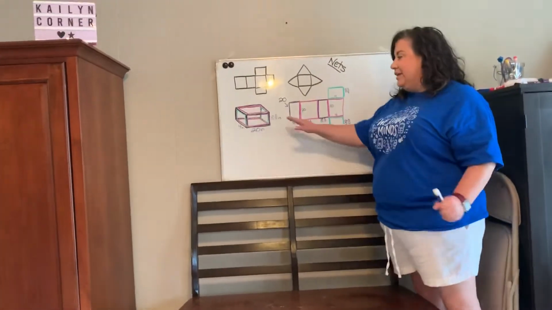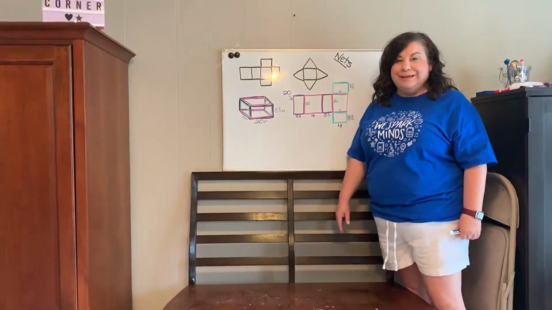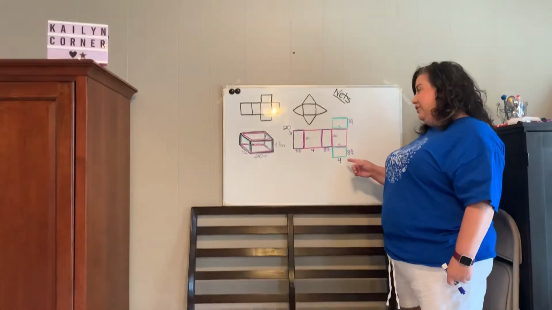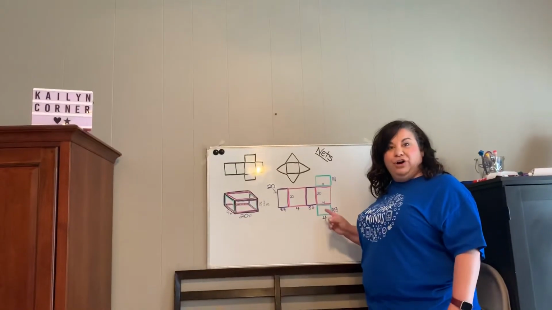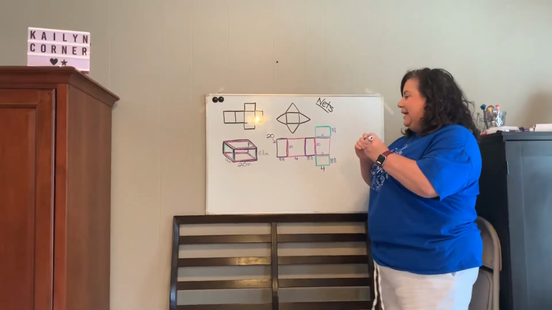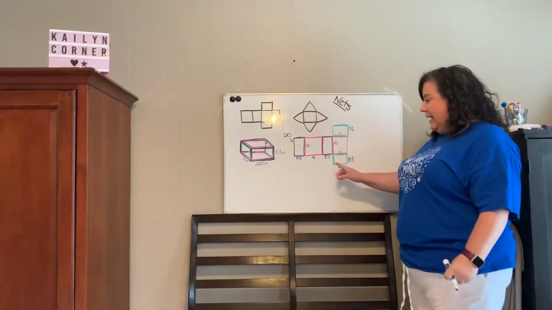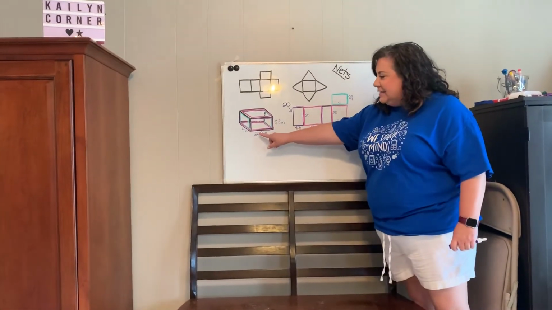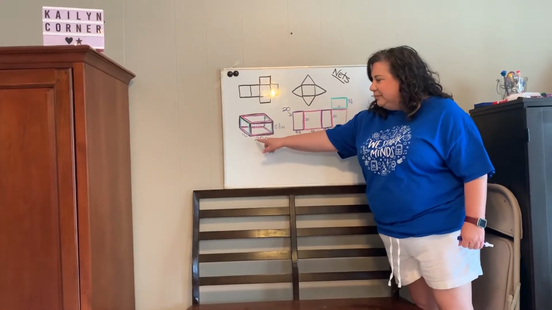So now they give you all three measurements. But the trick is that you've gotta figure out what all the measurements are here, okay? So what I did was I figured out that this was my 20 by 4.